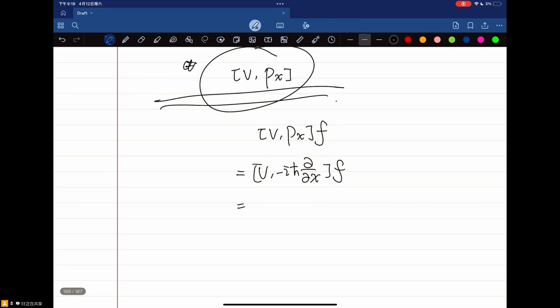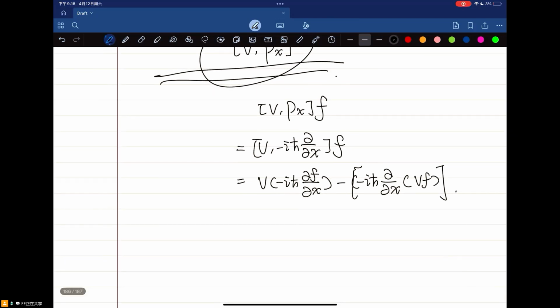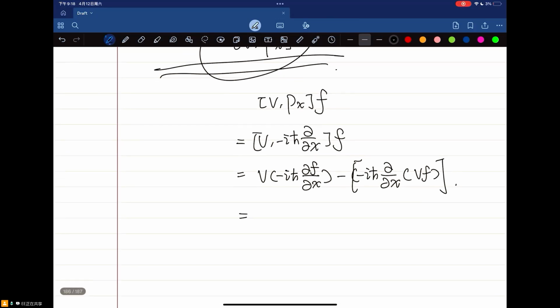Okay, great. And then we have V df/dx minus the px, taking the derivative of V times f. So here I'm using the definition of the commutator. And then I have to use the product rule.